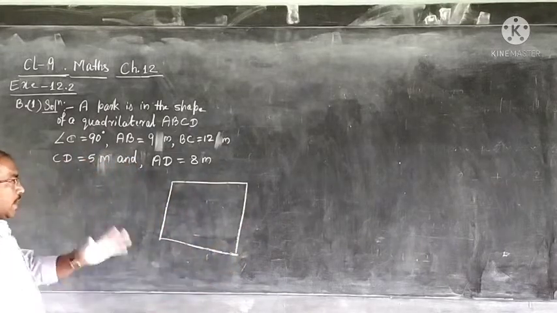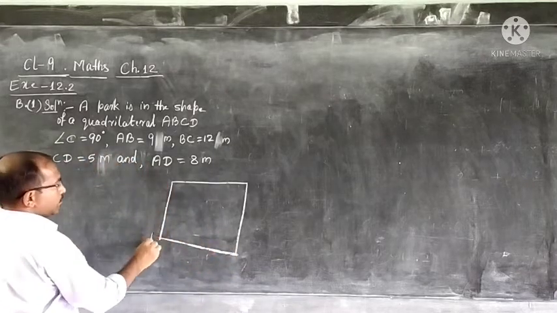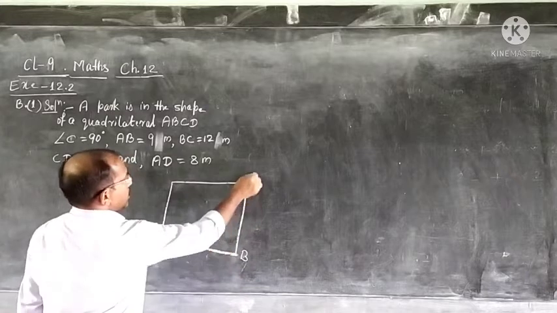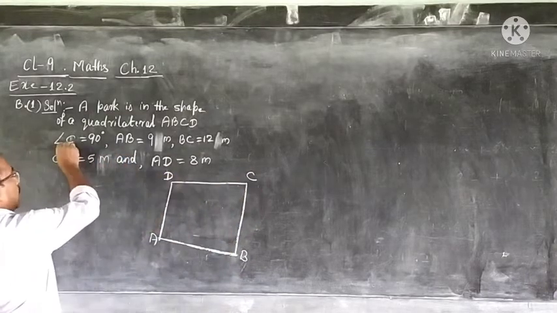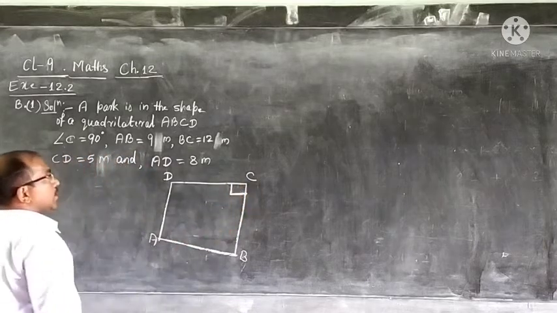So, we need to draw a diagram of this quadrilateral. Here it is not mentioned which type of quadrilateral it is, it is just a quadrilateral. We name it A, B, C, D. Which angle is mentioned 90 degree? Angle C. Suppose this angle is 90 degree.